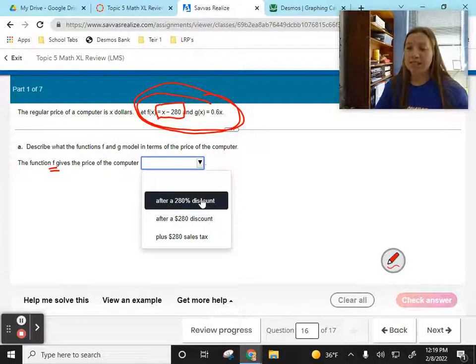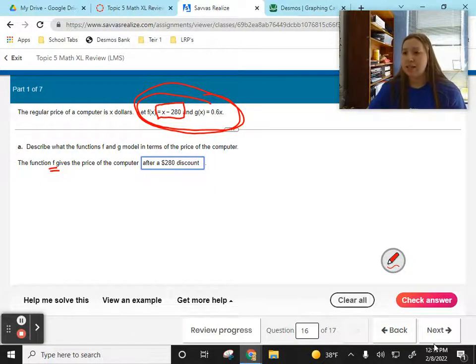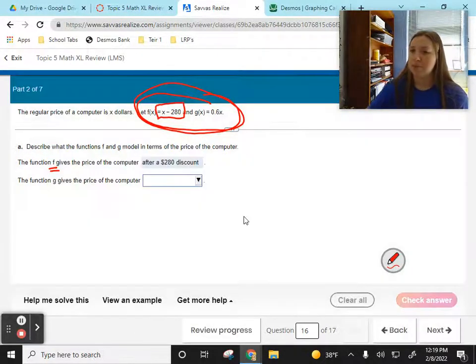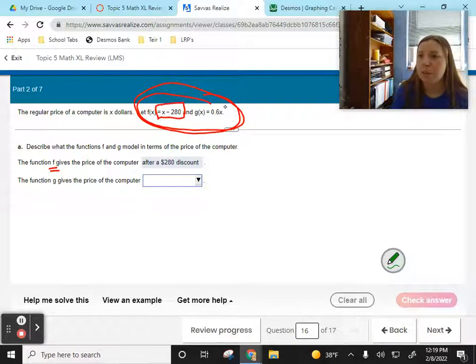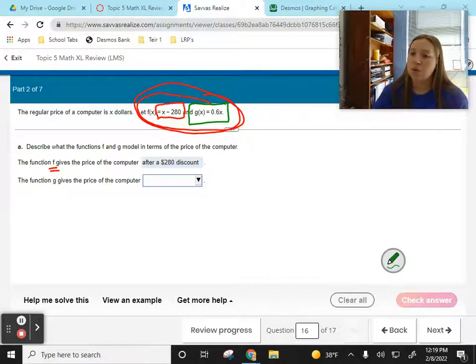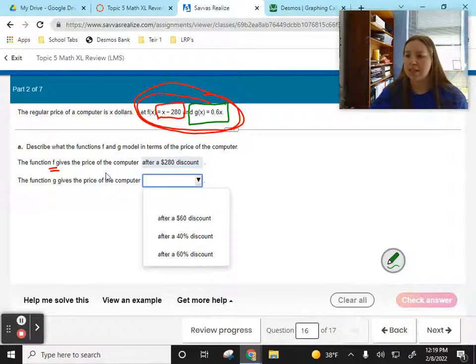A discount percentage-wise is always going to be multiplication. So 10% is like 0.10 of a number. But a $280 discount is just going to be subtracted from your total. So I'm thinking that one is a $280 discount. Now, my second equation is 0.6x. So let's look at our options here. Is this a $60 discount?